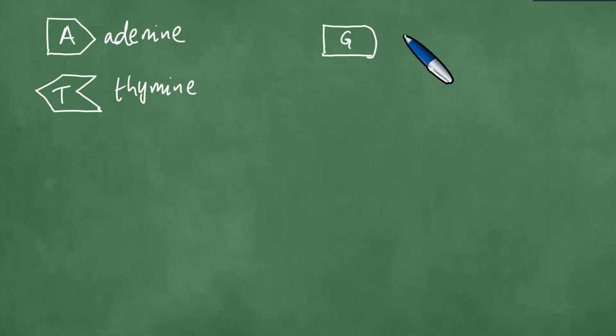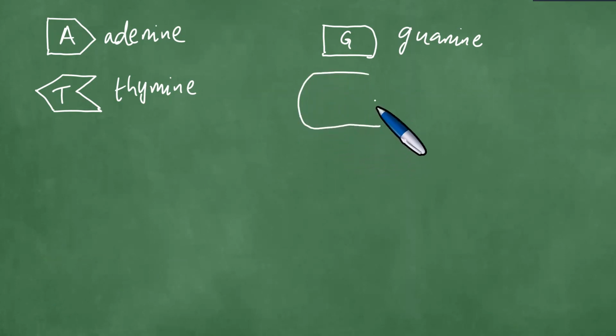G is called guanine. And this one is cytosine.